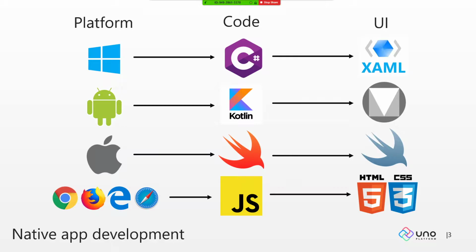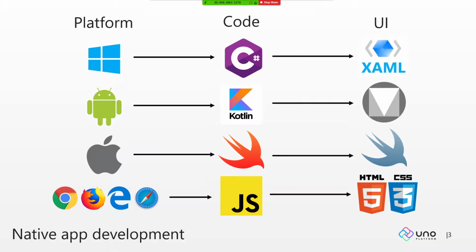If you want to do a desktop application, you will go with Windows and you will build C# code with XAML UI. With Android, you go with Kotlin and build XML. With iOS, you use Swift and SwiftUI. And for web, you go with a JavaScript, HTML, CSS combination.